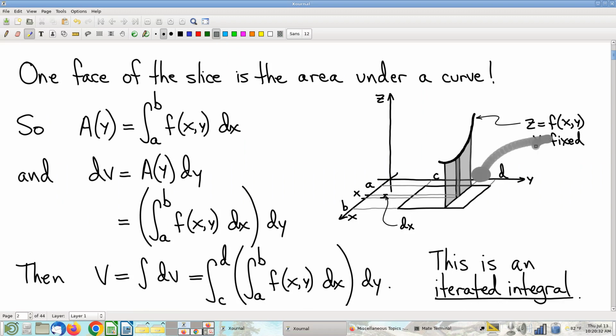But y is fixed, so that means that that's a constant. We're going to let x go from A to B, because that's what takes me along this base like that. The height here that I'm multiplying by my dx's, that height is the value of f.